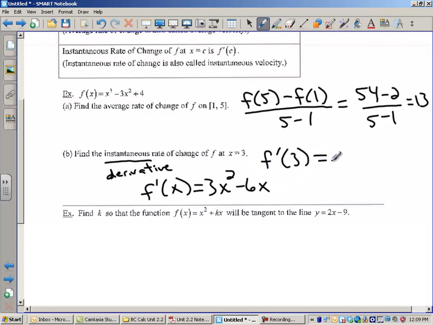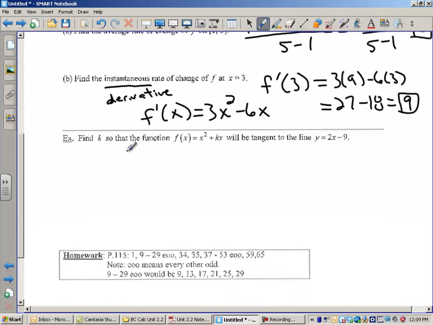So f prime at 3 would be plug 3 in for these x's. So that's 3 times 9 minus 6 times 3, which is 27 minus 18, which should be 9. So the average slope was 13, but the specific instantaneous slope was 9 at the x value of 3.